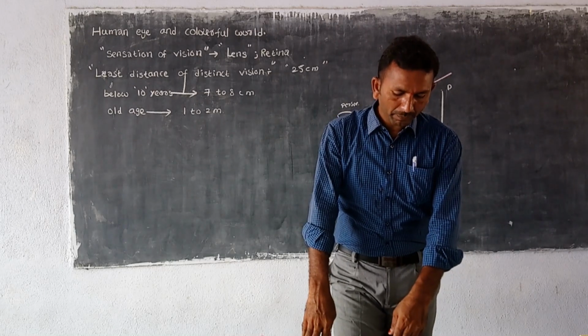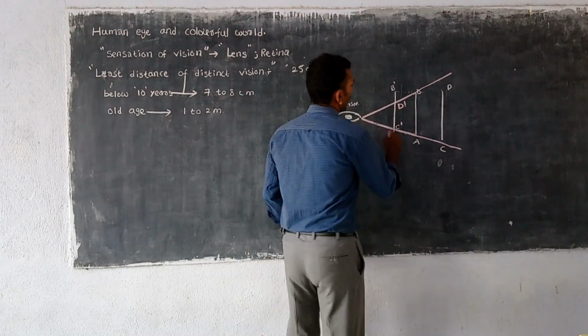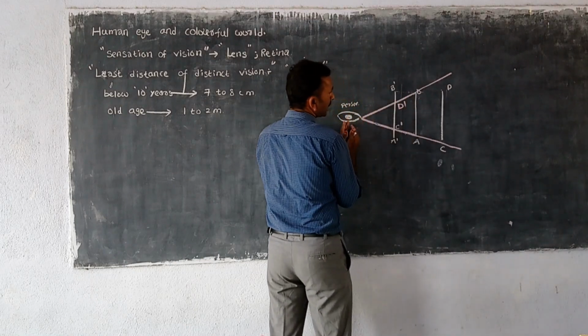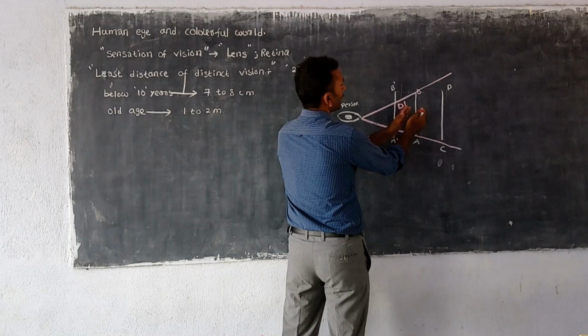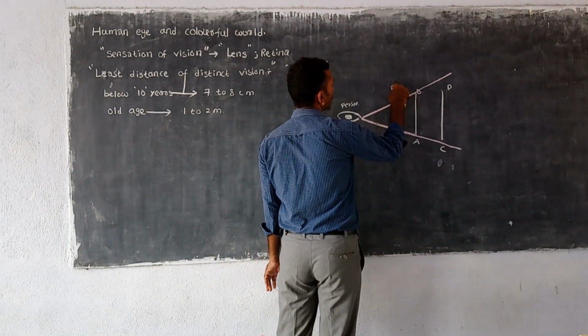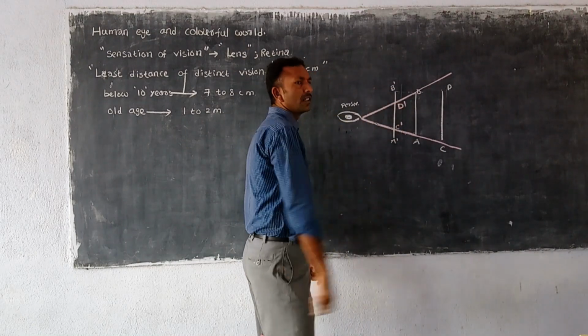The rays coming from A dash B dash cannot enter the eye. So here we see the complete part, and here also we are able to see the complete part CD. But when the rod moves near to our eye, we are not able to see the parts B dash and A dash, but we are able to see C dash and D dash.